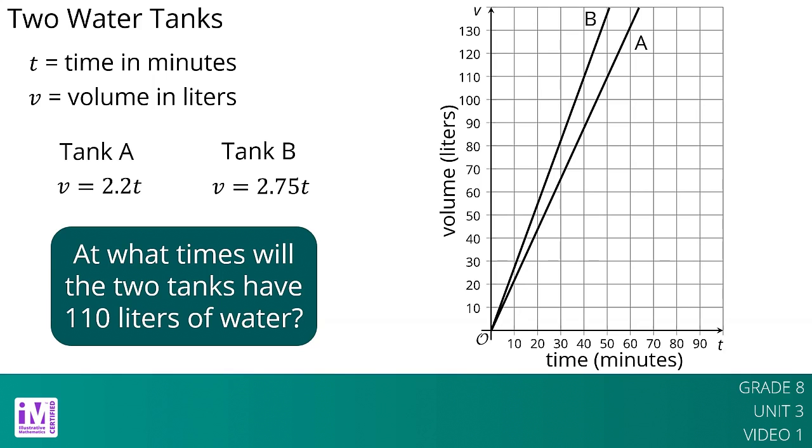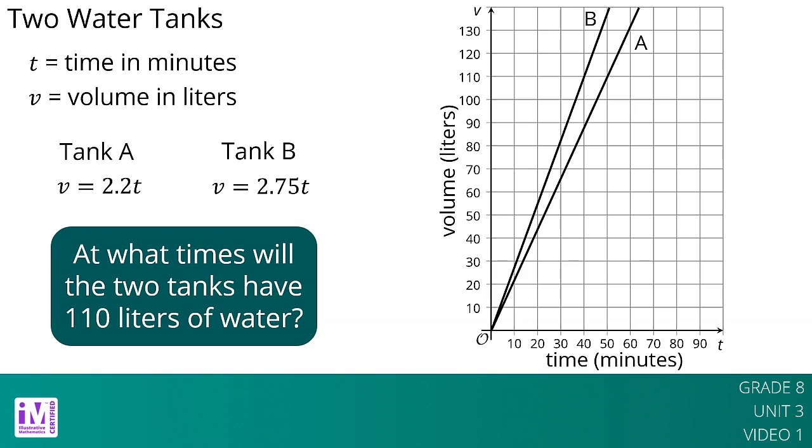If we use a vertical scale that goes to 140 liters, a bit beyond the 110 we are looking for, and a horizontal scale that goes to 100 minutes, we get a much more useful set of axes for answering our question.